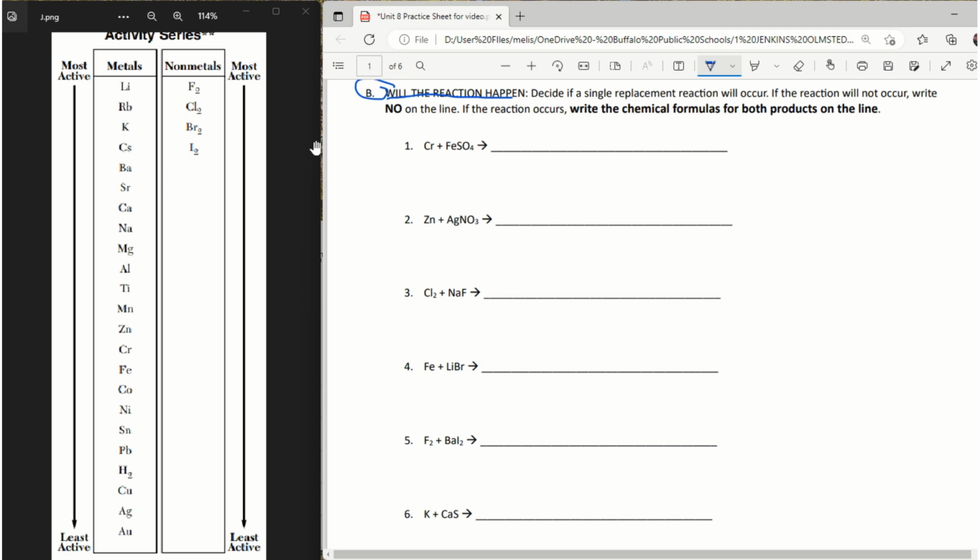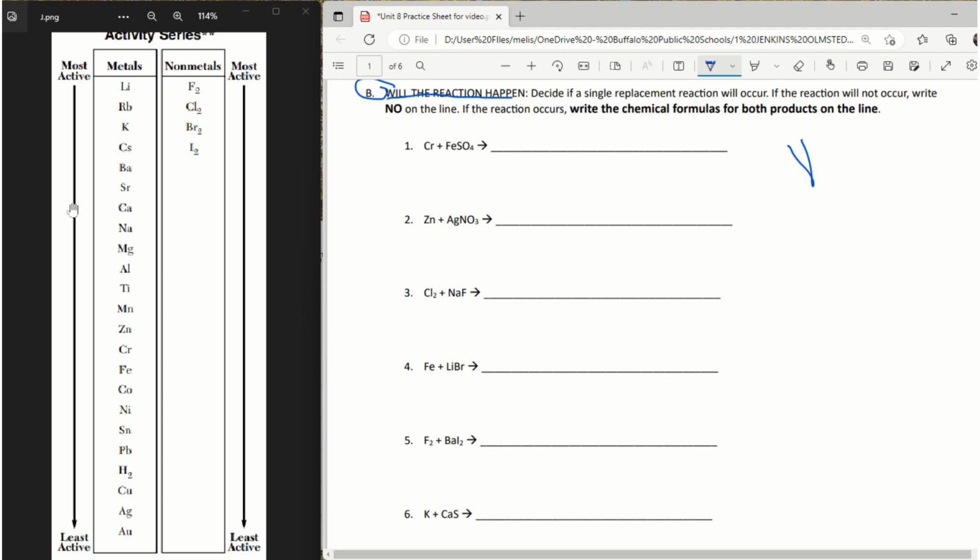Okay, so in order to do this, I need to use table J. Do you see it on the screen right here? Notice that the most active metals are at the top. The most active nonmetals are at the top. And so here is the rule.